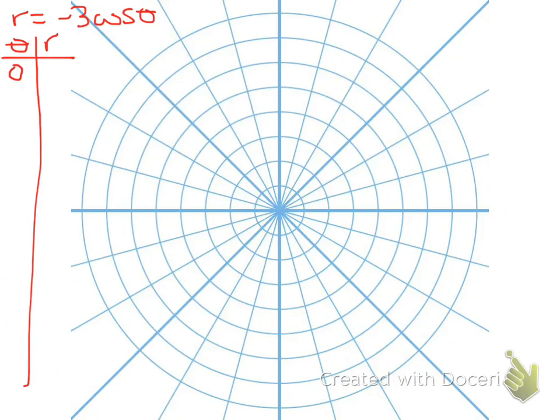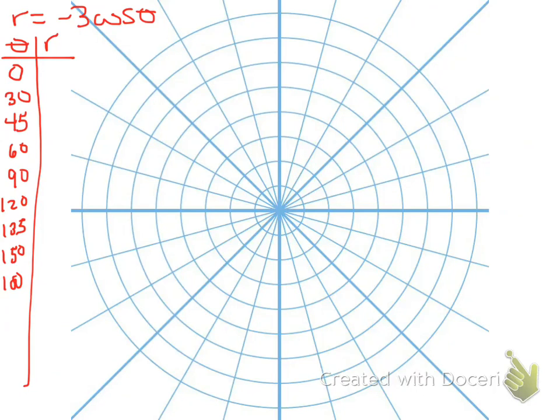But let's hit up 0, 30, 45, 60, 90, 120, 135, 150, and 180. Why did I not go any further? Oh, because it's probably going to repeat just like example 5 did. So pause it, fill in r, come back, here we go.